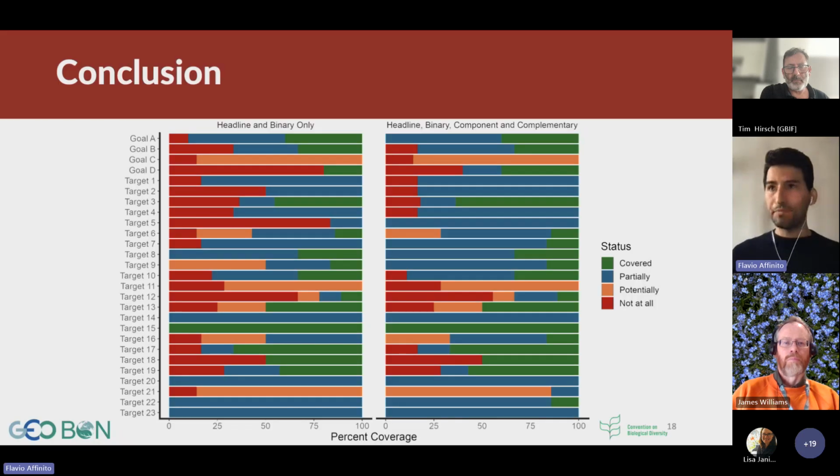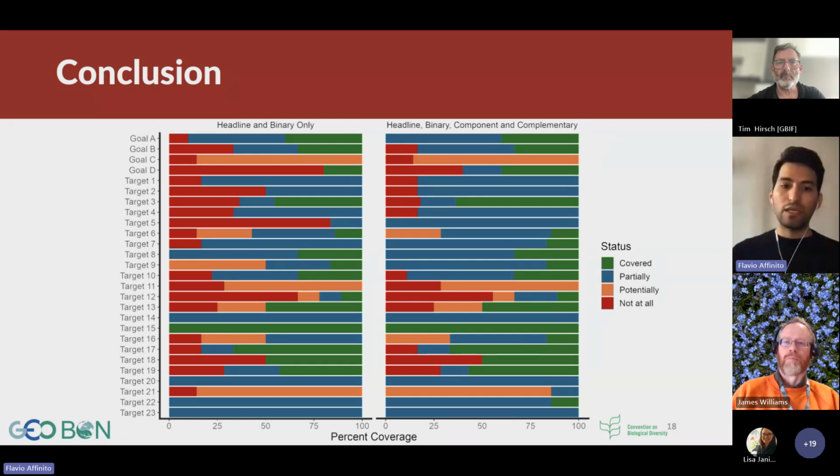So overall, this is a snapshot, a view of where we are at, with on the left-hand side the coverage of these four levels of only headline and binary indicators for all of the goals and all of the targets. And on the right-hand side, that coverage when we also include component and complementary indicators. So on the left, the mandatory indicators, on the right, the mandatory plus the optional indicators.